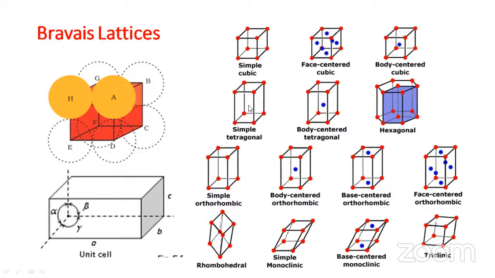In tetragonal, there are two possible variations: simple tetragonal and body-centered. This question was also asked previously, so remember it. In cubic crystal systems, how many possible variations are there? Three. What are those three? Simple cubic, face-centered, and body-centered.